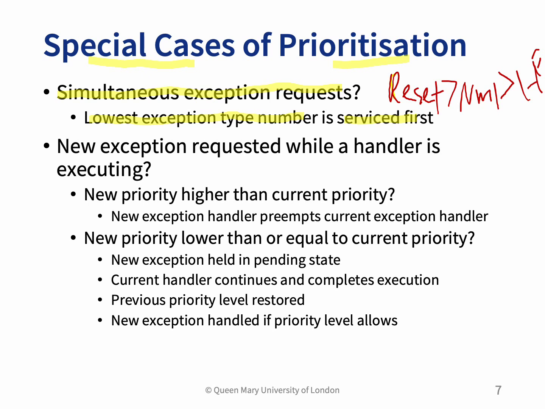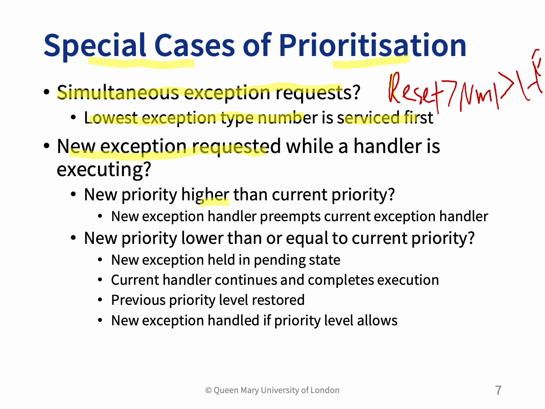In the next scenario, what happens when a new exception is requested while a handler is still executing? That's a very interesting question, where we can look at the sub cases here. The first one, where the new priority is higher than the current priority. That means it's a nested interruption, right? Because the interruption is still working on the current instruction, and then the next level of interruption comes in with the higher priority.